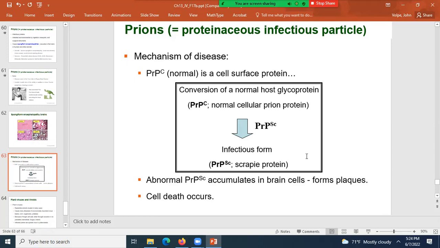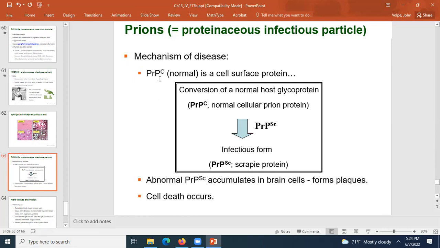The normal form of the protein, which is PrPC, is a normal protein on the cell surface of nerve cells. So it is necessary for the functioning of nerve cells. Any question about that?